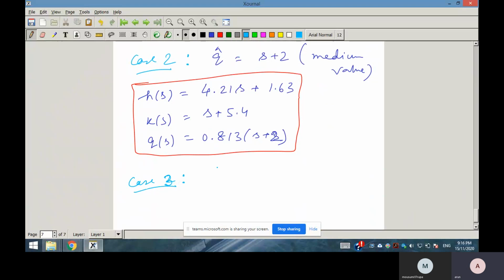Suppose in case 3 I will choose a large value, that means Q hat equal to S plus 20. So here I will say this is a large value.